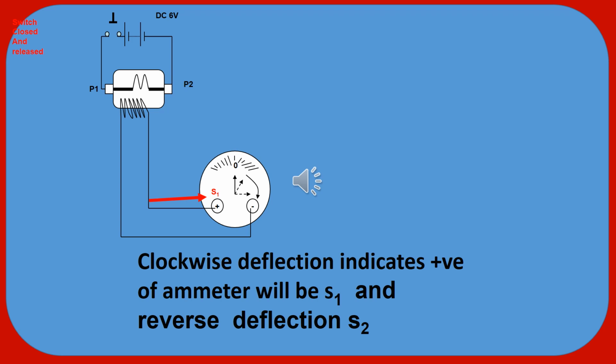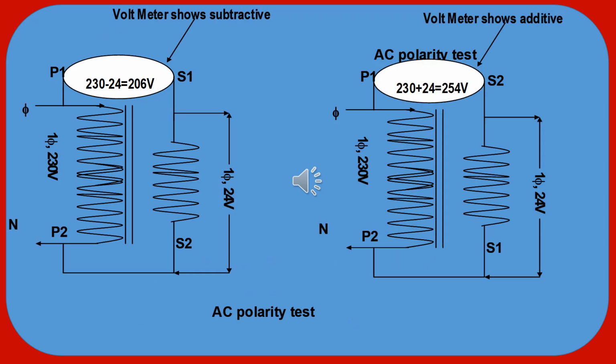Next is AC testing. This is the connection of the AC test. What they have done is connect a voltmeter to the P1 terminal on one side, and the other side is connected with any terminal of the secondary, and P2 and the remaining terminal are shorted.